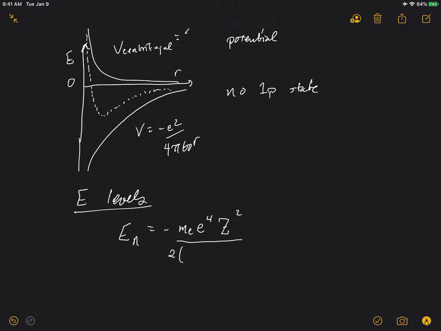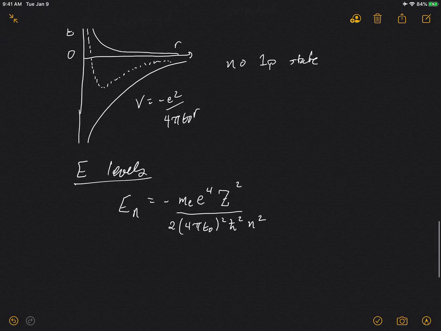Then we have 2 times (4 pi epsilon naught) squared times h bar squared times n squared. Now, of course, most of these things are just physical constants, so they can all be grouped together to form a single constant. The important thing is this n squared in the denominator.